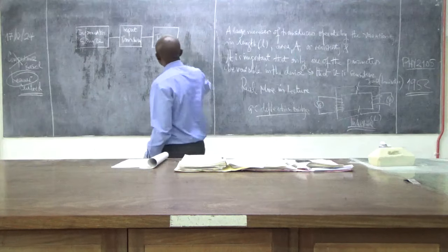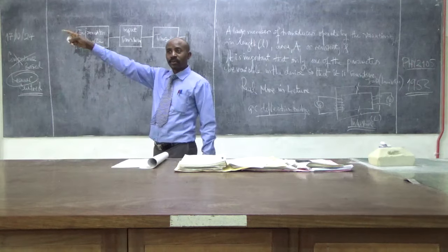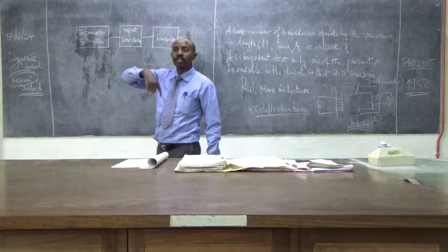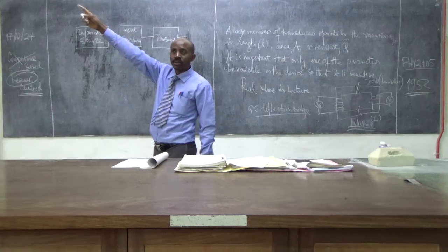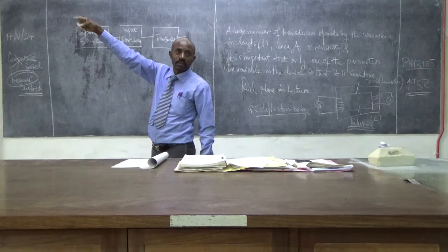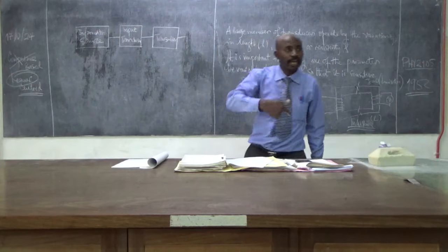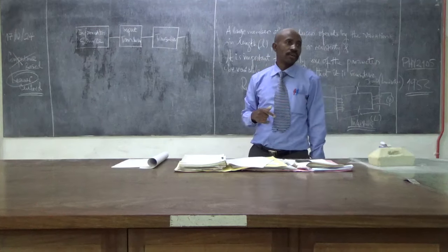Once I transmit, I need a channel. If it is Wi-Fi, it will go to the vacuum, to free space, to be transmitted. If I was on a wired telephone, then the wiring will be the channel.